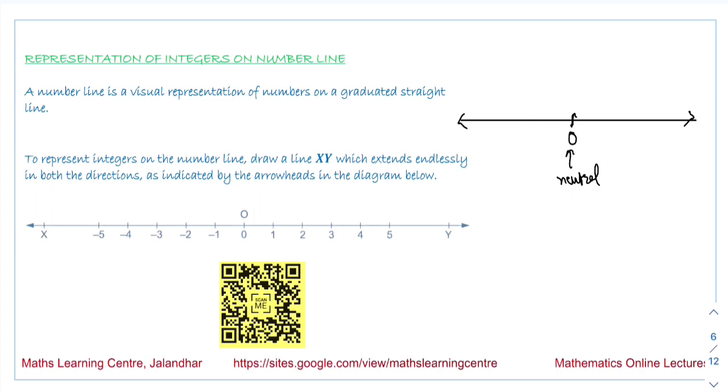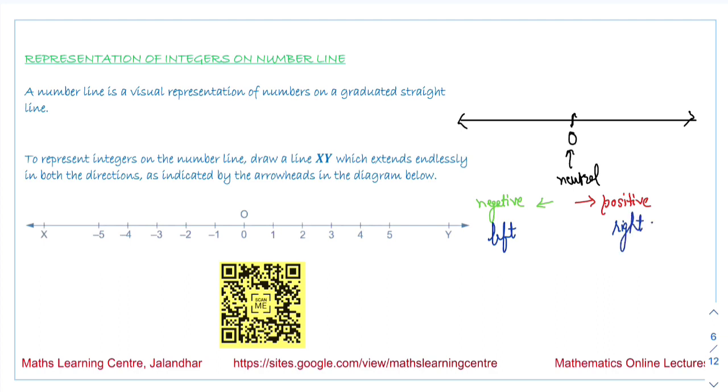We are saying it is a neutral integer. It is neither positive nor negative. Now on the right side of this neutral element we mark all the positive integers, and on the left hand side of this we are going to mark all the negative integers. So on the left we have negative integers, and on the right we have the positive integers.